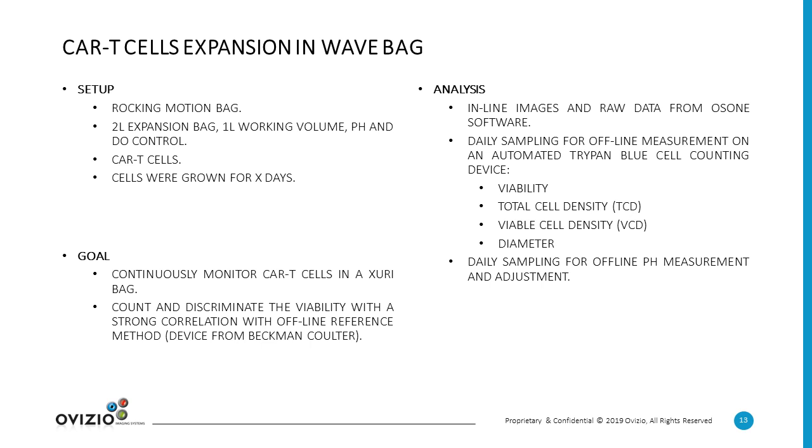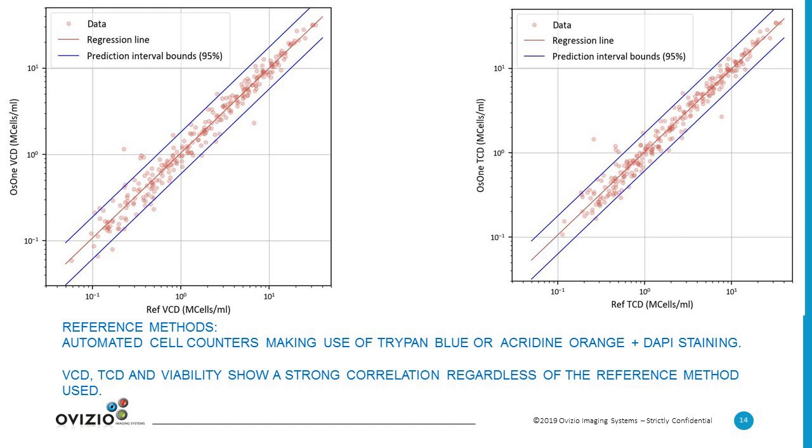The goal was, of course, to continuously monitor the CAR T cells in the bag and count and discriminate the viability with strong correlation to an offline reference method. Could be a device from Beckman Coulter, could be a device from Thermo Fisher, could be basically any method that at that point was being used by one of our customers. The reference methods were mainly automated cell counters, making use either of Trypan Blue or acridine orange plus DAPI staining.